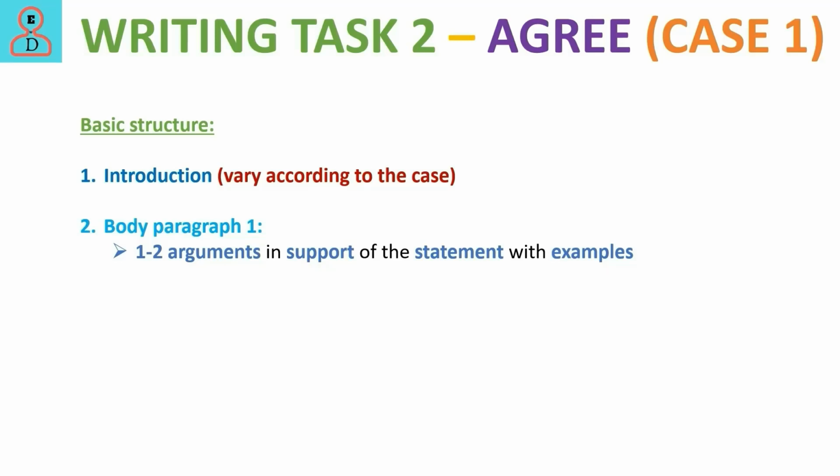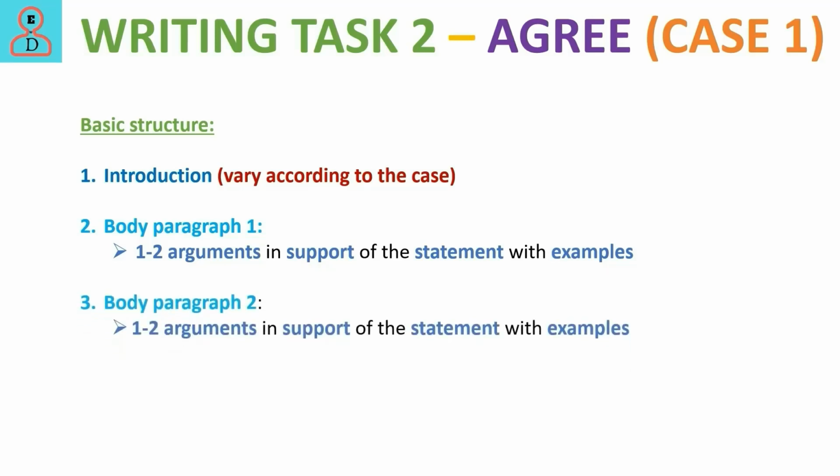Ideally, you should write 2 body paragraphs and in each body paragraph give 1 or 2 arguments in favor of the statement with examples. And finally comes the conclusion, which is nothing but a brief summary of what you have written in the essay.